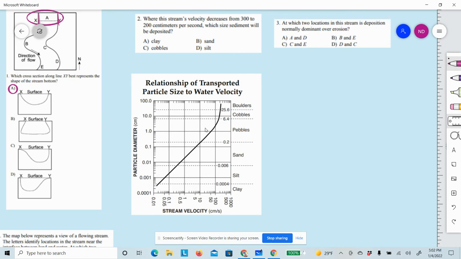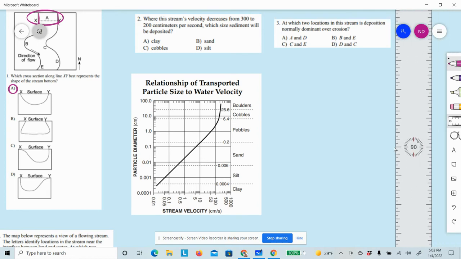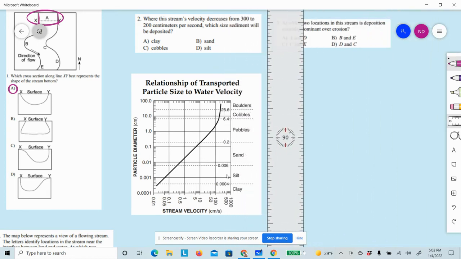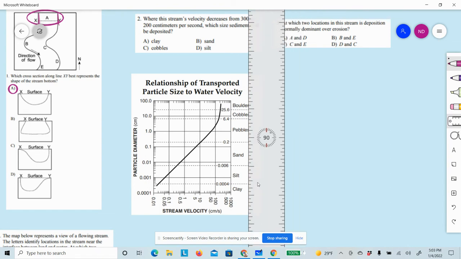So what happens here? Let's look over here. Stream velocity, I don't see 300 or 200, but here's 100, here's 500. It's a weird scale down here. It's called a logarithmic scale, but 100, 200, 300.